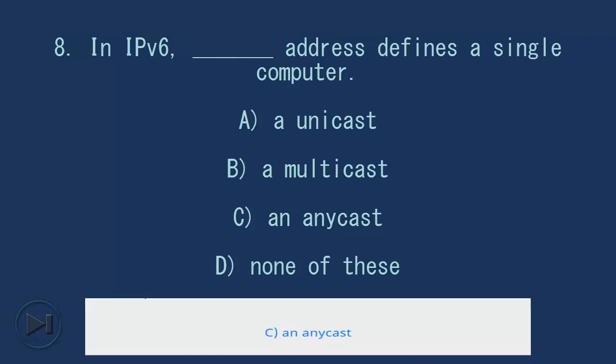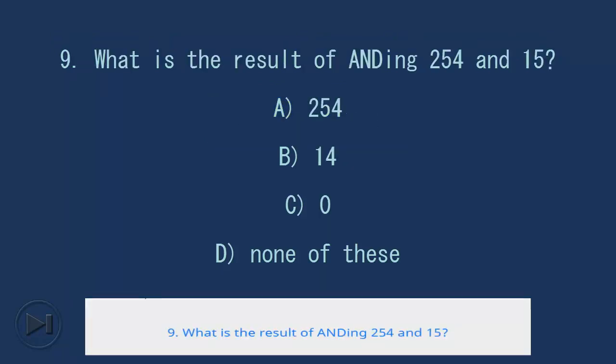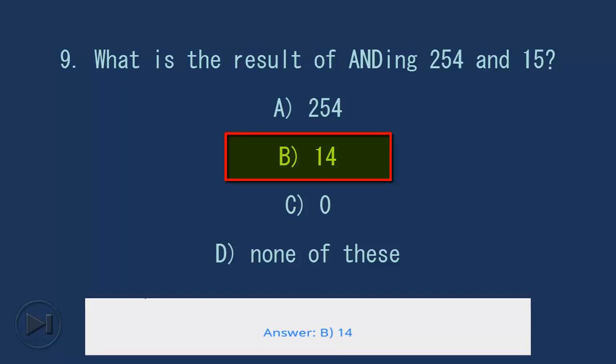C. An anycast. D. None of these. Answer, A. A unicast. 9. What is the result of ANDing 254 and 15? A. 254. B. 14. C. 0. D. None of these. Answer, B. 14.